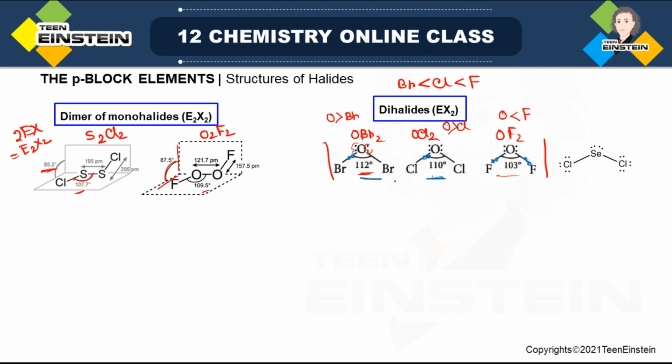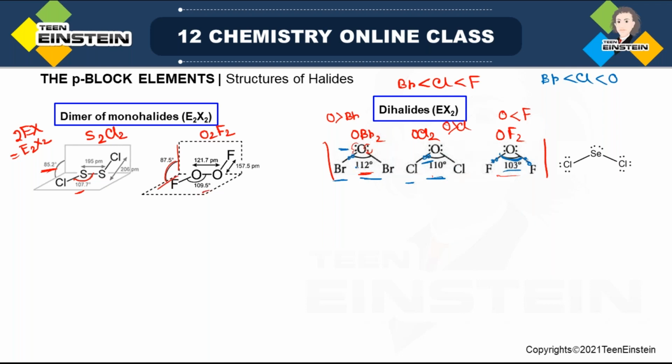Now if you compare these two, the electronegativity difference between oxygen and bromine is high compared to oxygen and chlorine, because bromine is less electronegative than chlorine, and this is the order. Okay, that means in the second compound also these bond pair electrons will be closer towards oxygen, but not in the last one. So in the last one, this bond pair electron repulsion will be minimum. So that is why here the angle is 103 degrees.